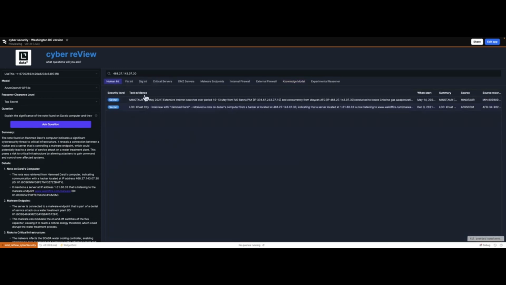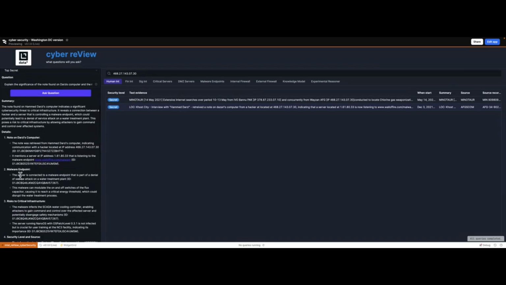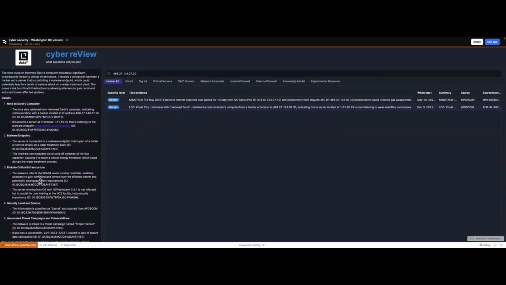Okay, it looks like it wasn't mentioned other than in two pieces of human intelligence that reference that IP address. If we were to summarize it, we could get a summary back, but this is a quick search way to look. Let's say you're interested in what's going on with something here. You may want to search for that information in any of these different data centers.